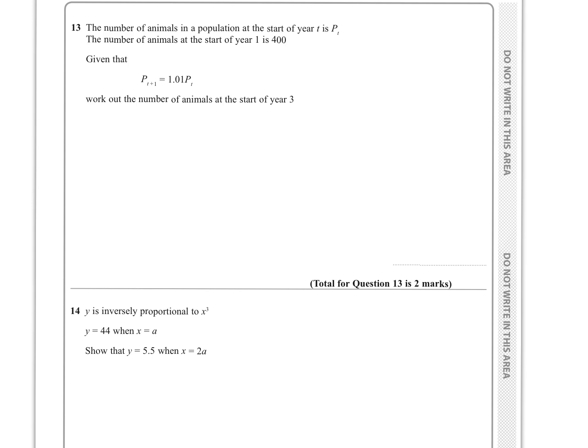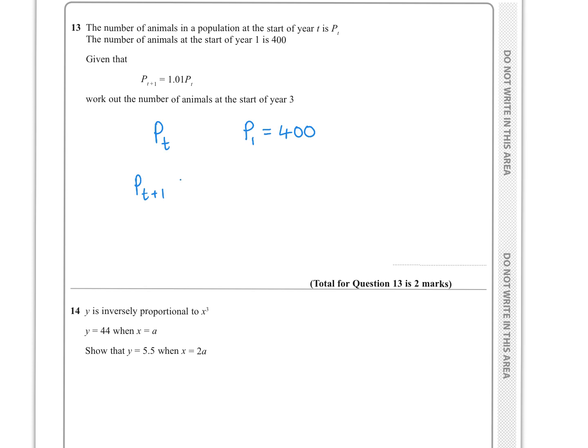Question 13. The number of animals in a population at the start of year T is P subscript T. The number of animals at the start of year 1 is 400. So P of 1 is 400. We're given this relationship here.